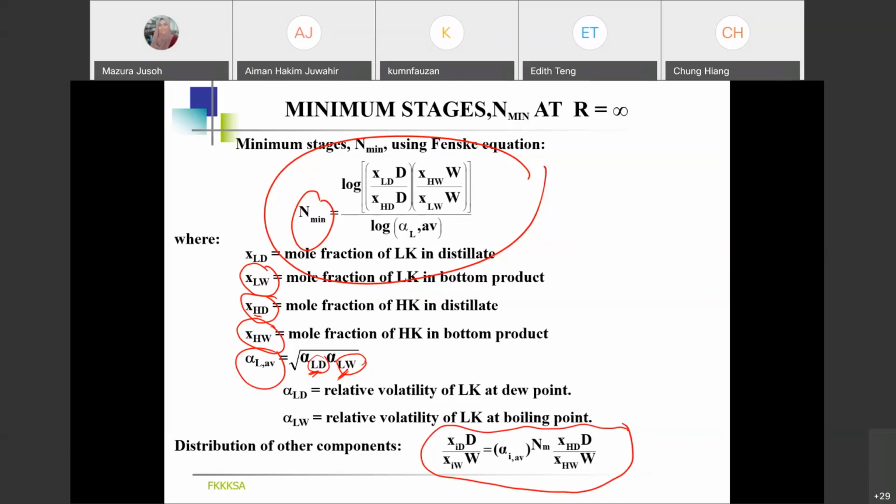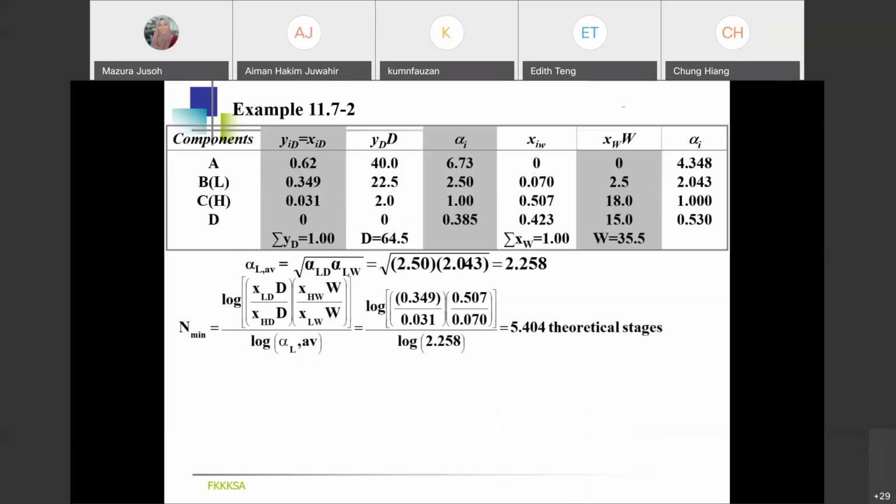Okay, so then we'll look at the same example we used. You have to really label them using these nomenclatures. You have to know which one is XLD, which one is XHD, which one is XHW or XLW. L is light key, H is heavy key.